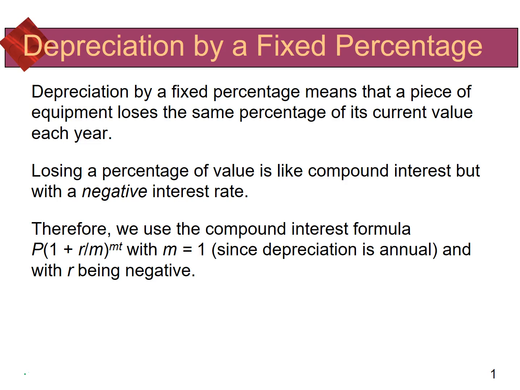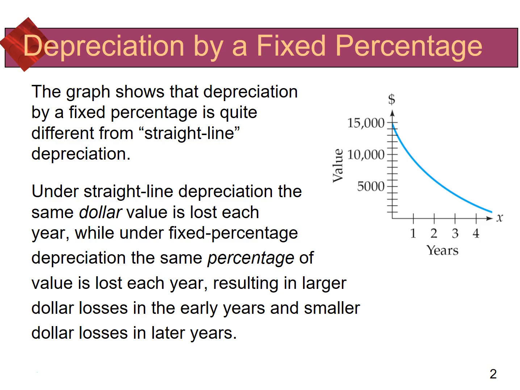So we don't worry so much about a compound value of m. It's basically the same formula. The only thing to keep in mind is that since I'm declining by a certain percentage, my value for r is considered negative because I'm losing a percentage.